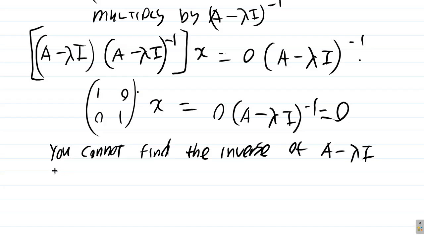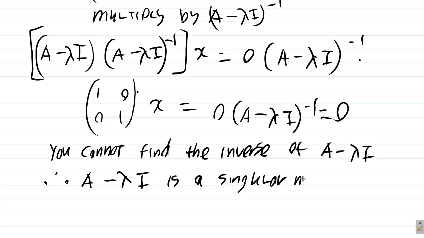What do you call a matrix for which you cannot find the inverse? You should remember, it's a singular matrix. So therefore, A minus lambda I is a singular matrix.